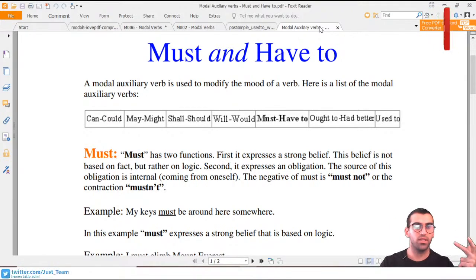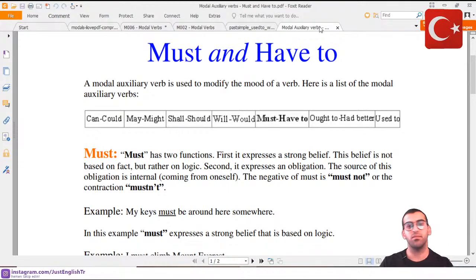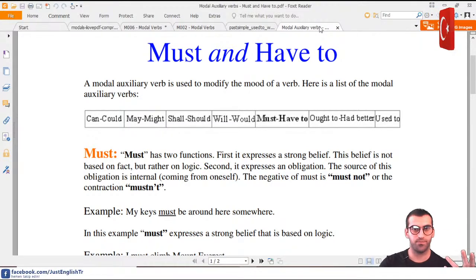For example, my keys must be around here somewhere. Hi again, Mr. Mehmet. Must is a strong belief. It's not based on fact, but rather on logic.